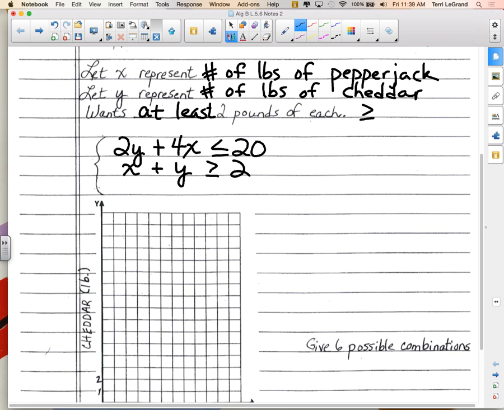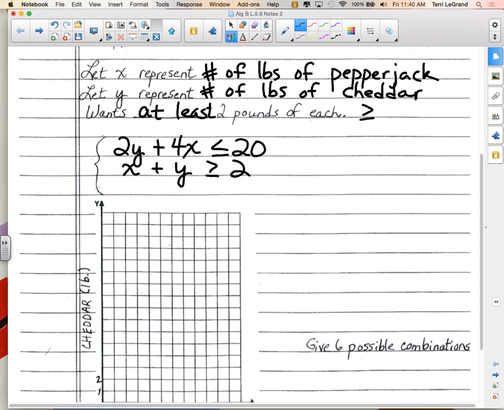Seriously, all this cheese is starting to make us talk funny. So pounds of one type of cheese plus pounds of the other type of cheese is supposed to be at least 2 pounds. Oh, but I thought you wanted 2 pounds of each. And then you have more than, hence the greater than. How can we be guaranteed? I'm thinking of some numbers for x and y.